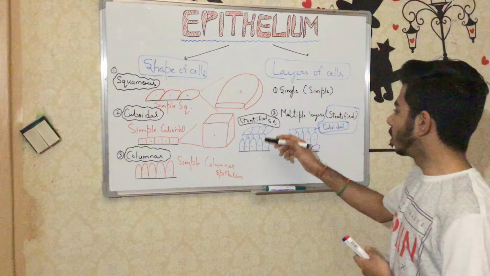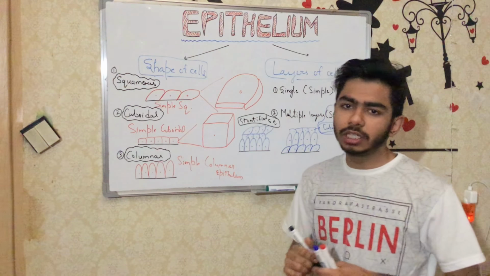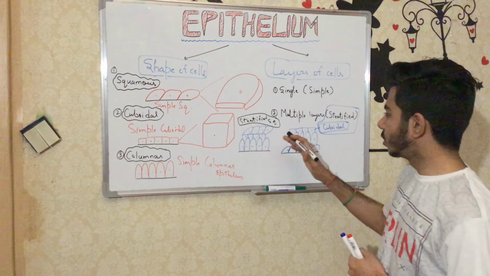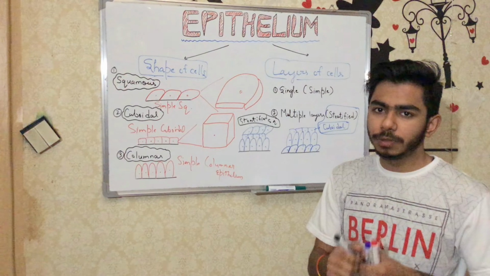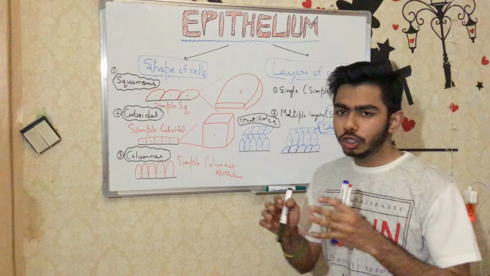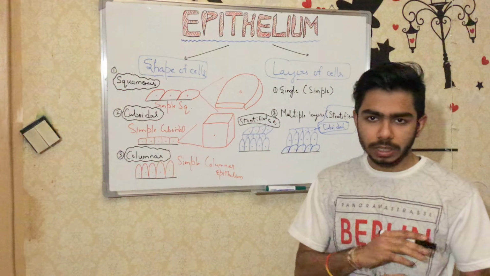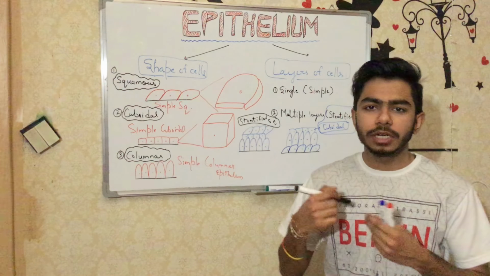Likewise, if columnar cells are present on the top layer, it will be stratified columnar. But the basic idea is that irrespective of what kind of cells attach to the basement membrane, you have to see the top layer of cells, and if it is a single layer it will be simple, and if it is multiple layers it will be stratified.